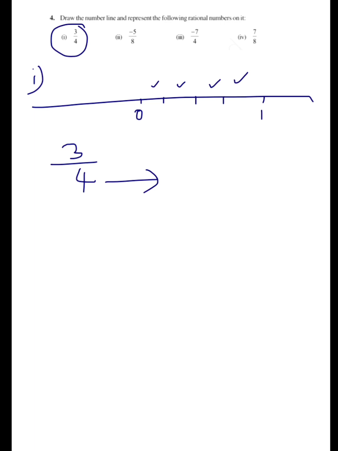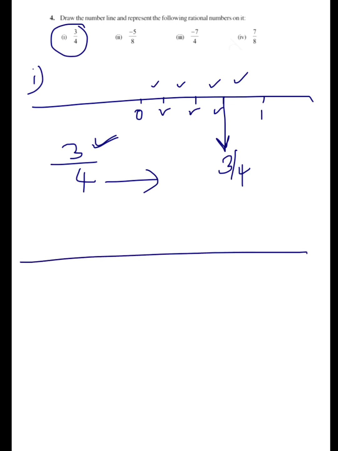And now among these 4 divisions, the third division. 1, 2, 3. So this will be 3 by 4. Understand, this will be 3 by 4. That means here 0, here 1, here 2, and it will go on like this.